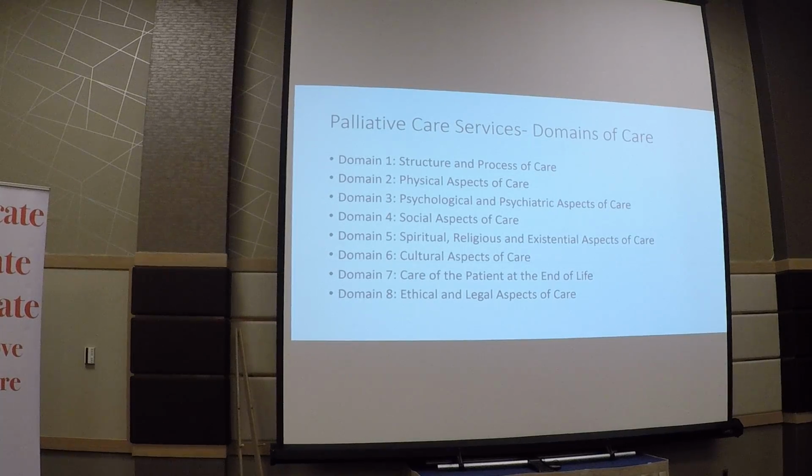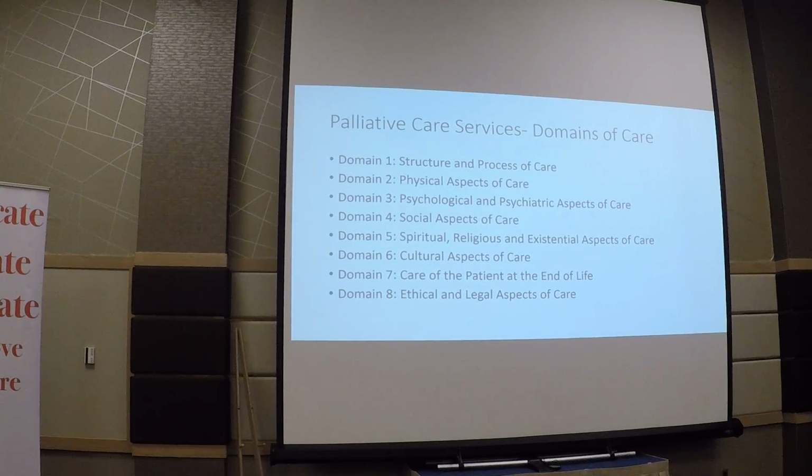Care of the patient at end of life, there are some great lectures, and obviously hospice fits right into that domain. And then ethical and legal, and this is where advanced care planning and living will and POLST form and all of those issues come in, of who is the surrogate decision maker when that patient's admitted to the hospital in a coma or things like that. Those are extremely important.